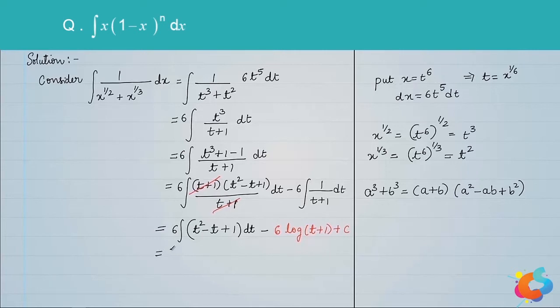So this is 6 times integration of t square is t cube by 3, minus integration of t is t square by 2, and integration of 1 is t, minus the 6 log of t plus 1 we will write as it is, followed by the constant c. So this is the required solution for the given problem.